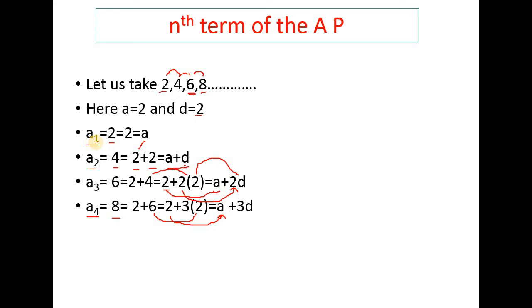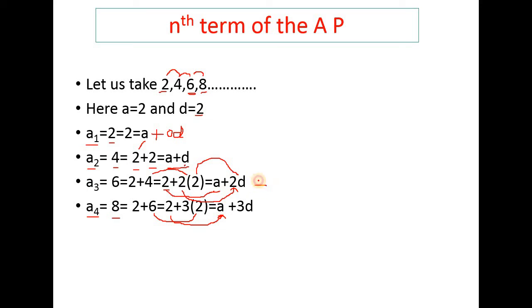In general, if you observe, for A1 we can write A plus 0D. Then if A2 is there, we got A plus D. Similarly A3 gives A plus 2D, and A4 gives A plus 3D. If 4 is there, it becomes 3; if 3 is there, it becomes 2.